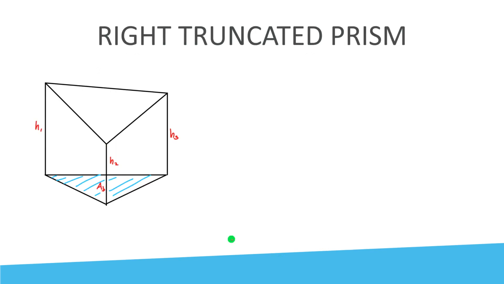For a right truncated prism, if the lateral sides are not of equal length, represented here as h1, h2, h3, in order for us to compute the volume of this truncated prism, we divide the area of the base by the number of sides of the base. If this is a triangular truncated prism, we have n equal to 3.